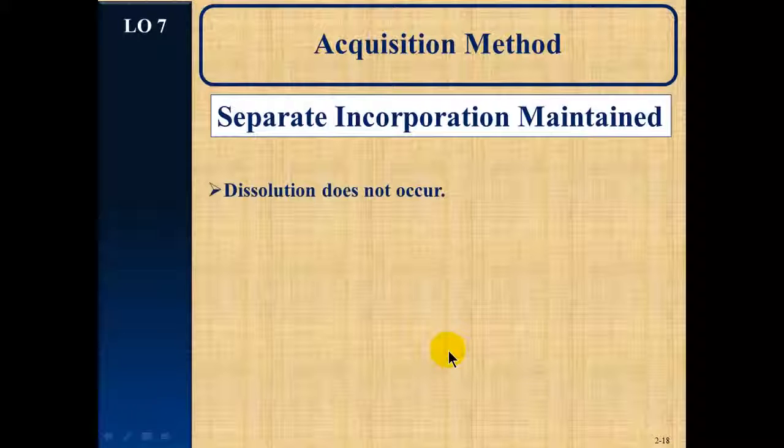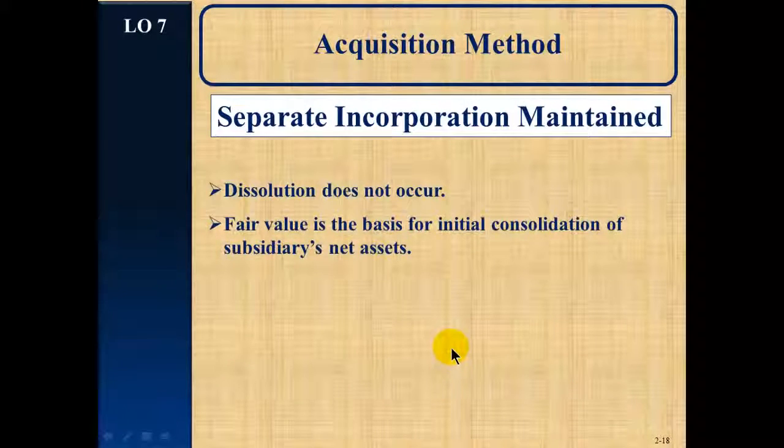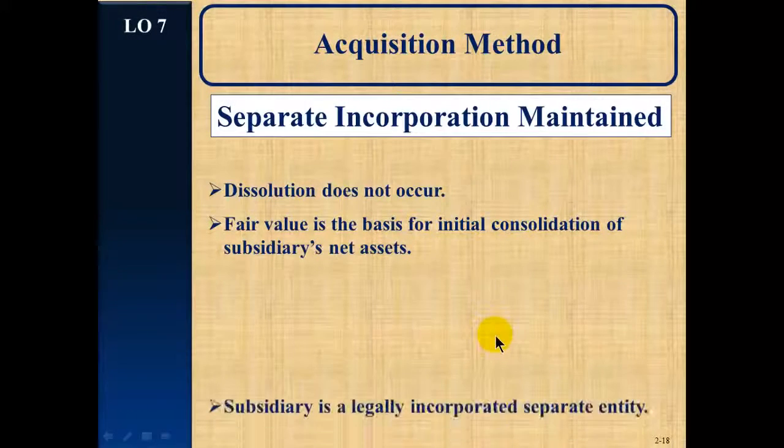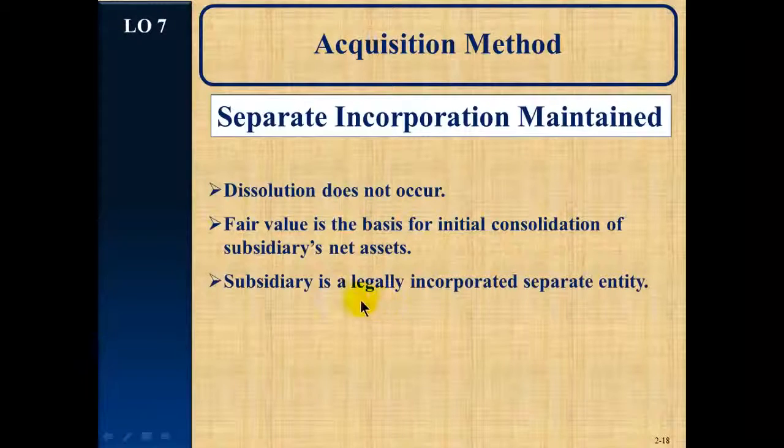Okay, if you do, this is typically the case, you don't dissolve the acquired corporation. Fair value of assets is the basis for that initial consolidation, and you still maintain that subsidiary as a legally incorporated entity. Notice the term subsidiary.